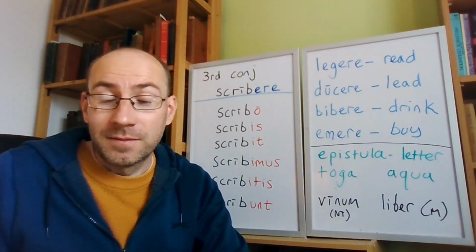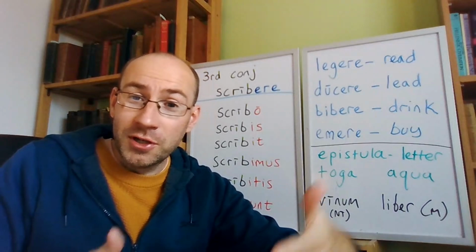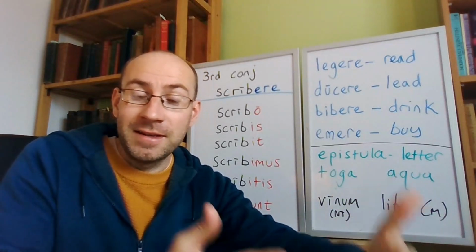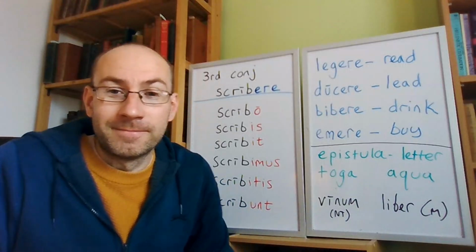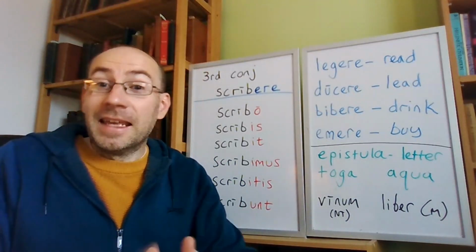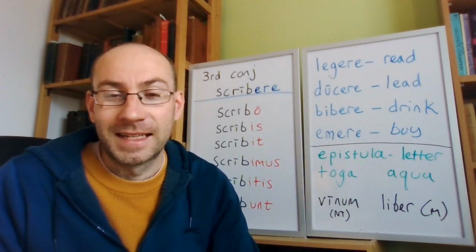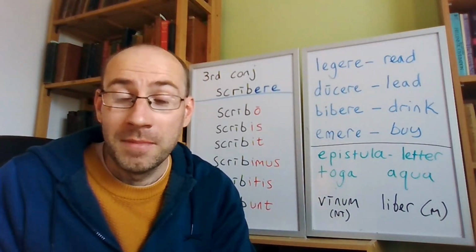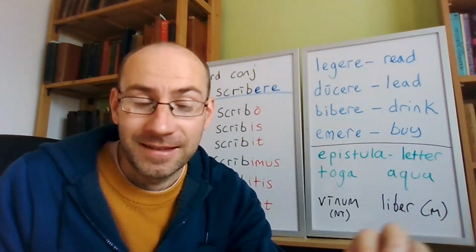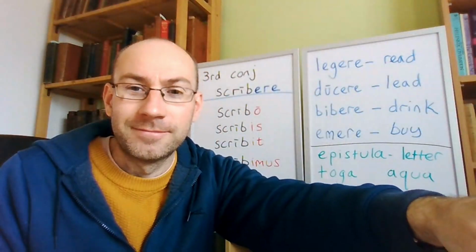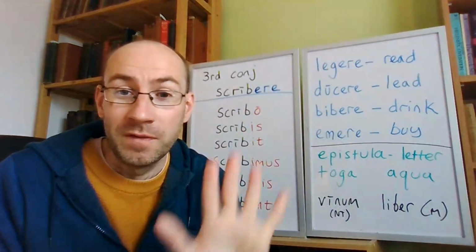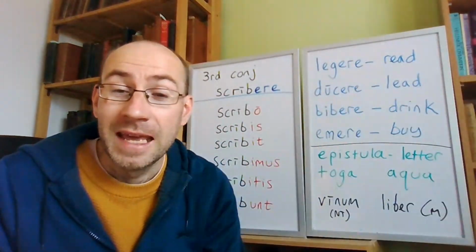The slave carries, like the porter, do you remember that one? Portare, carries the wine into the atrium. Servus vinum. When we're going into, not located in, sitting in, but moving into, we have accusatives. It's going to be in atrium.